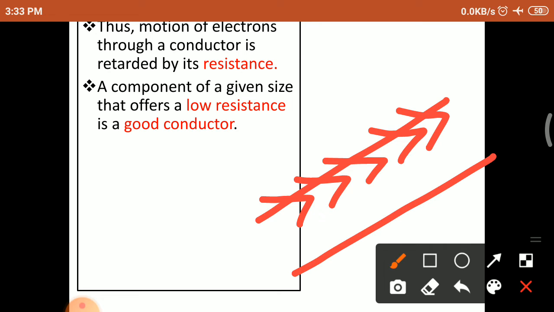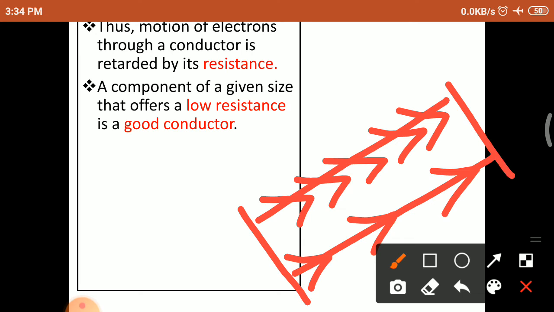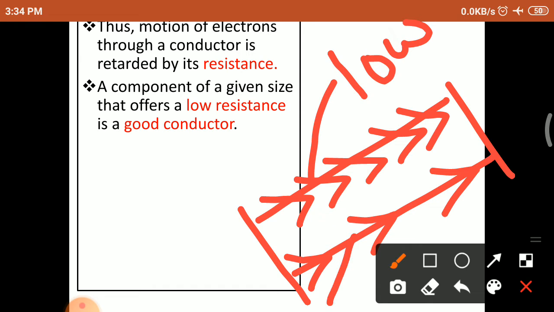If you take a conductor that has a high resistance, it does not allow more electrons to move. See here, both the conductors are the same. Here 5 electrons are moved, here 3 electrons are moved, because this conductor has low resistance and this conductor has high resistance.